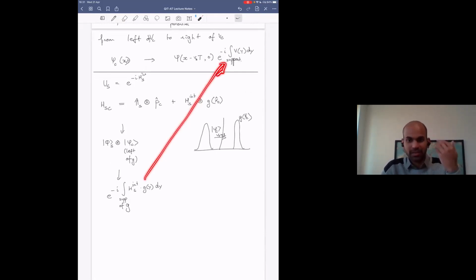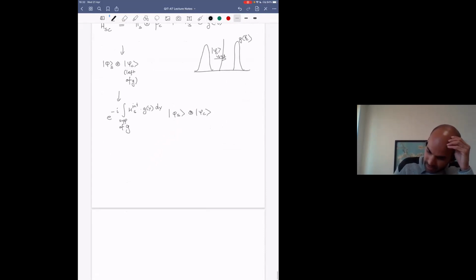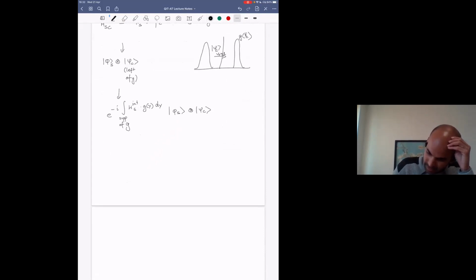Here the phase turns out to be an actual operator on the system, acting on psi on system tensored psi on the clock. And this in turn we can simplify to e to the minus i, H_int on s, times the integral of g of y dy. And these are all on the clock, of course; y is on the clock.